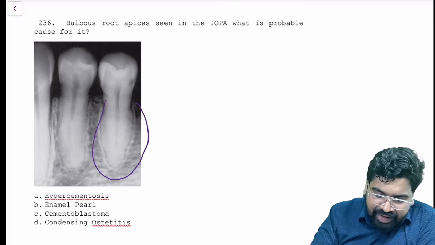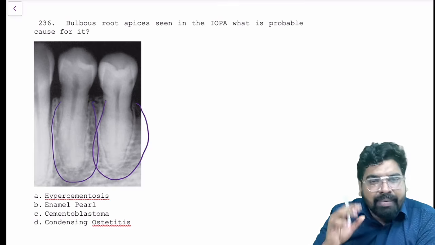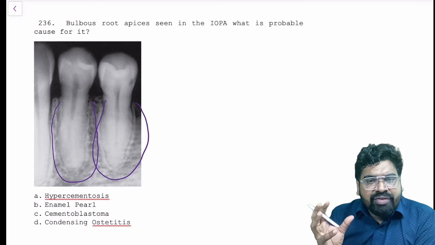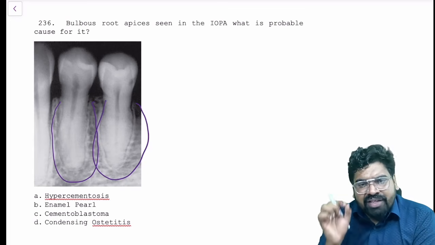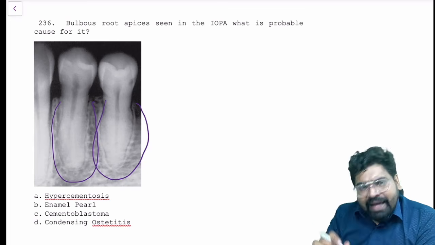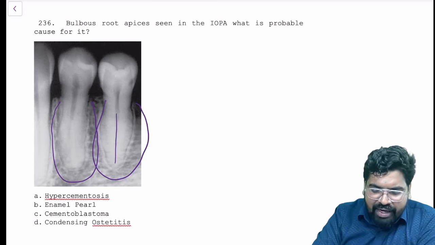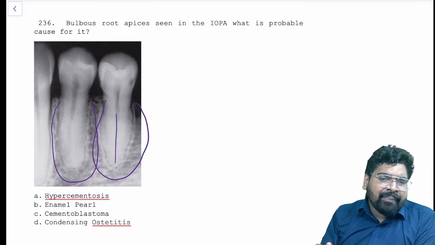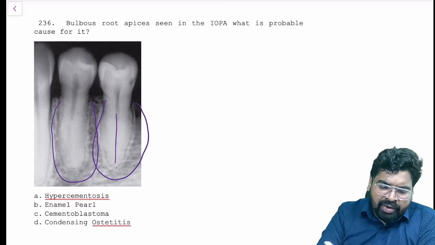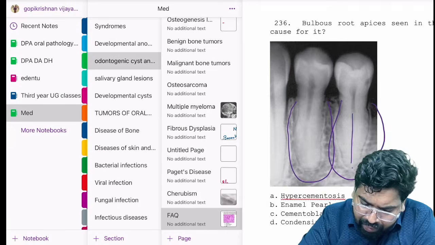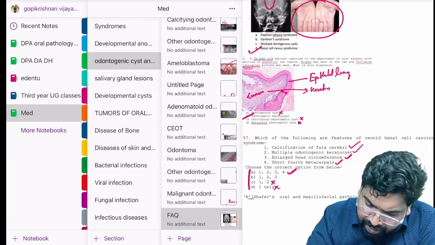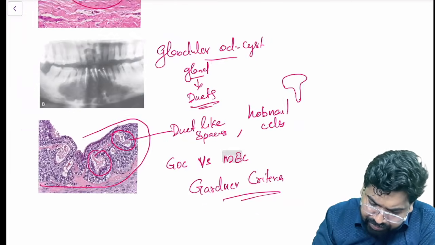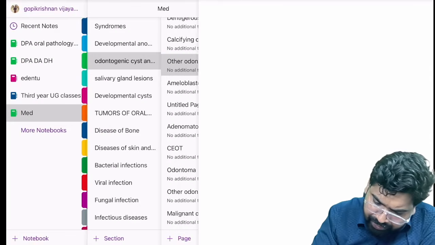Can you see this radiograph? You are seeing bulbous roots, radiopacity around this bulbous root, but you can see the root apex. You can see the root canal. Again, I will go to the odontogenic tumors and show you the lesion there.